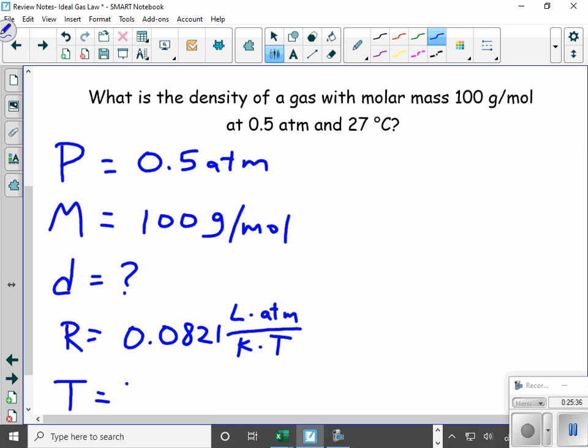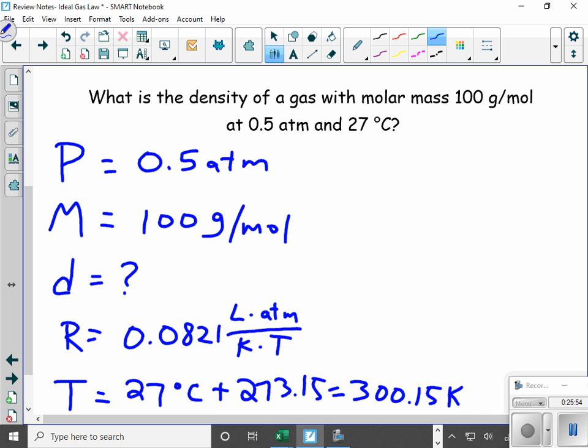My temperature is going to be 27 degrees Celsius plus 273.15. And that's going to give me a value of 300.15 Kelvin.